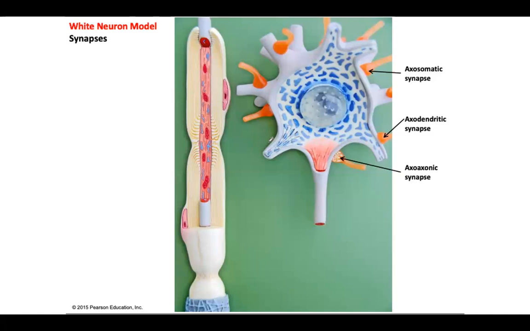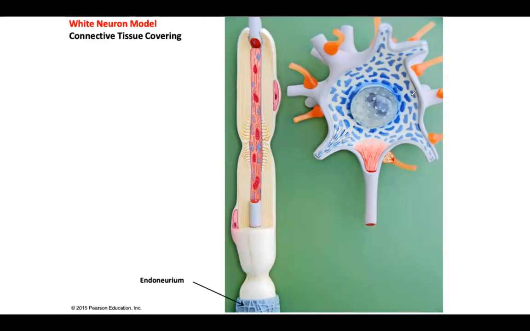Okay, let's just see. There's nothing here that I'm going to have you identify. I'm not a big fan of these terms, so don't worry about those. There is a structure right here that's important called an endoneurium. That's that gray membrane here called an endoneurium. Just like when you covered muscles, we learned about an endomysium, a perimysium, and an epimysium.